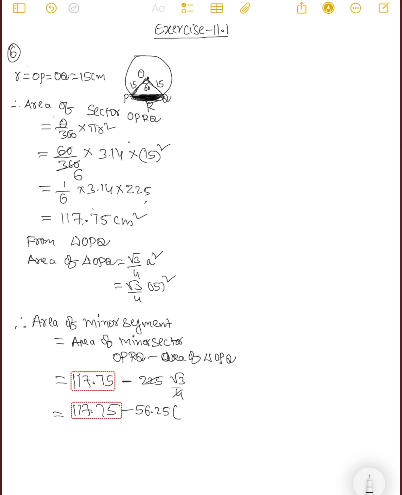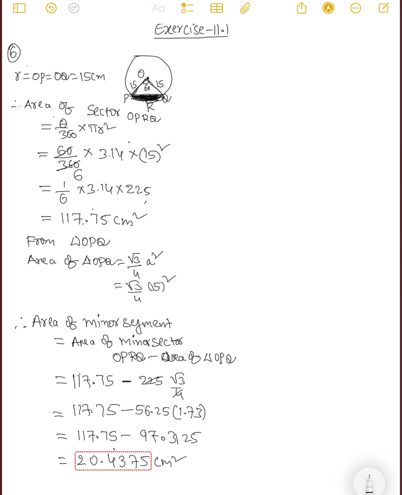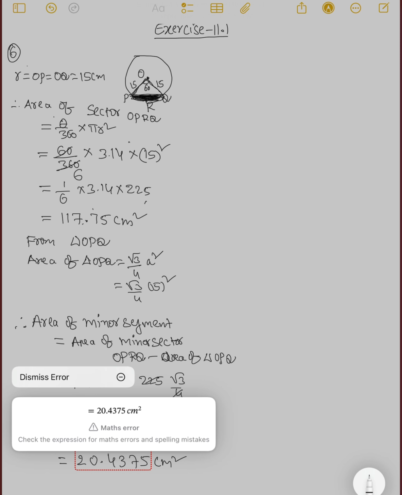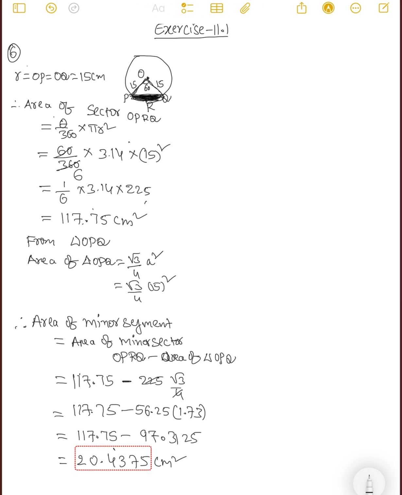Root 3 value is 1.73. Here we get 117.275 minus 56.25 into 1.73, that is 97.3125. Here we get 20.4375 centimeter square. This is the area of the minor segment.